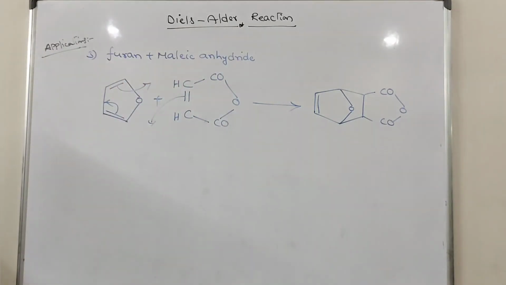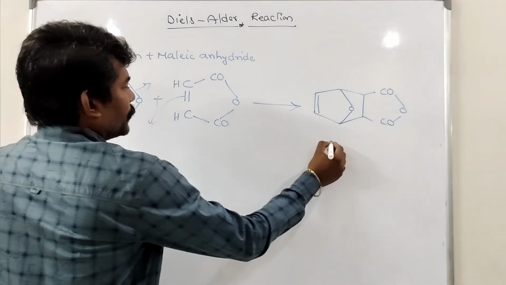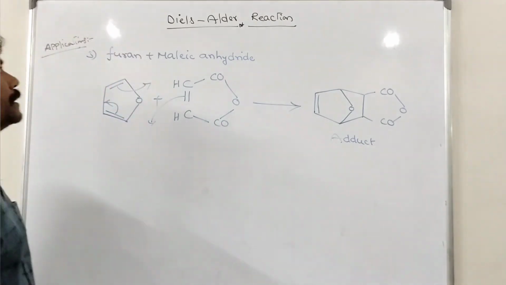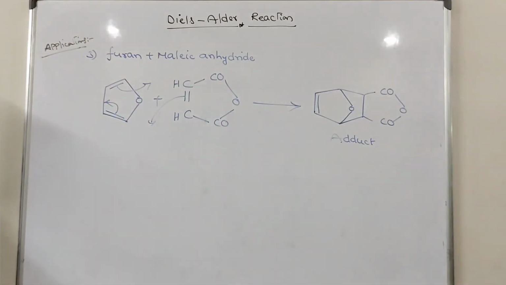This is the adduct formed when furan undergoes the Diels-Alder reaction with maleic anhydride.